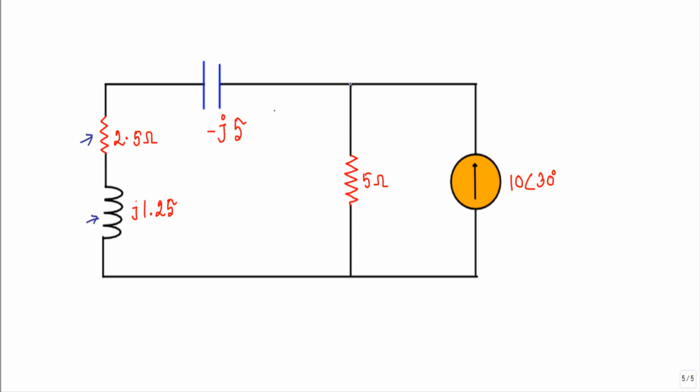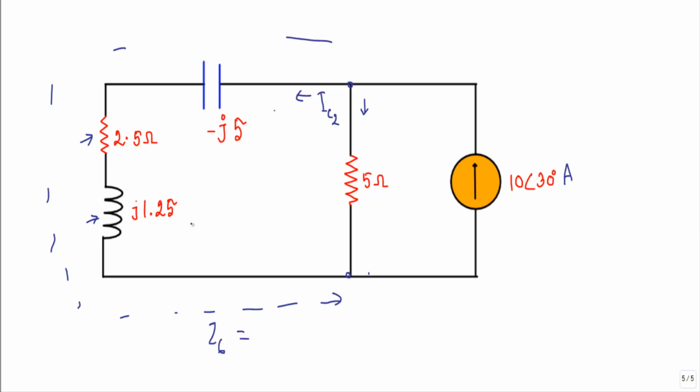Now look at this terminal and this terminal. I have this current source supplying current at this point. Here it will divide into two portions. One will go in this direction, another will go in this direction. The current in this portion is IC2. Let's say from this point to this point along this branch, the total impedance is Z6. So what will be the value of Z6?